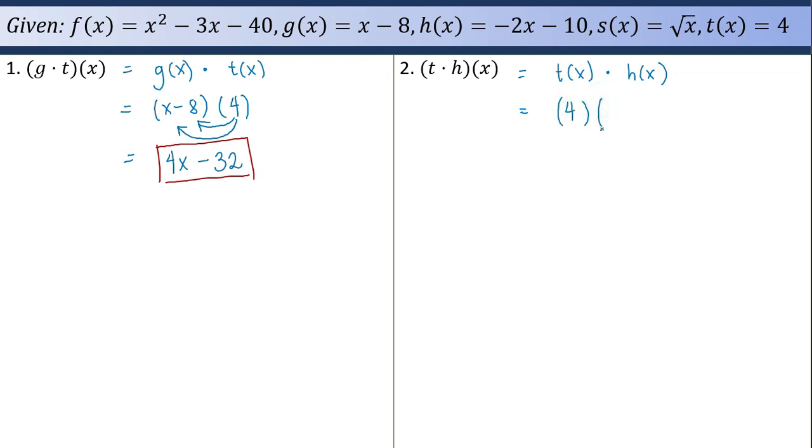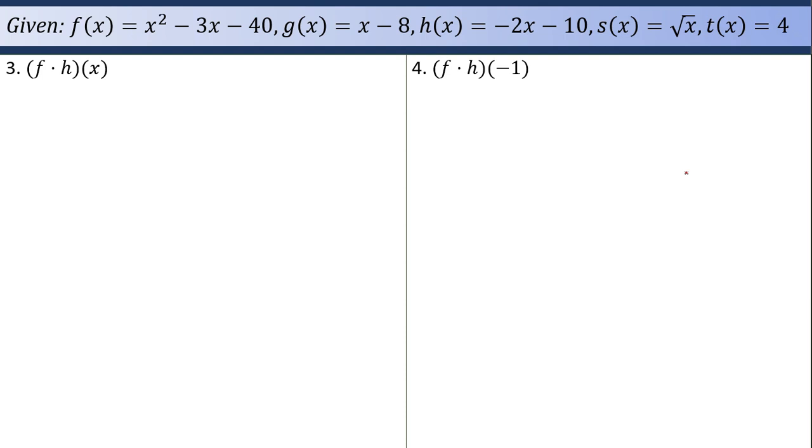Times h of x, which is negative 2x minus 10. 4 times negative 2x is negative 8x, while 4 times negative 10 is equal to negative 40. Therefore, t times h of x is equal to negative 8x minus 40.